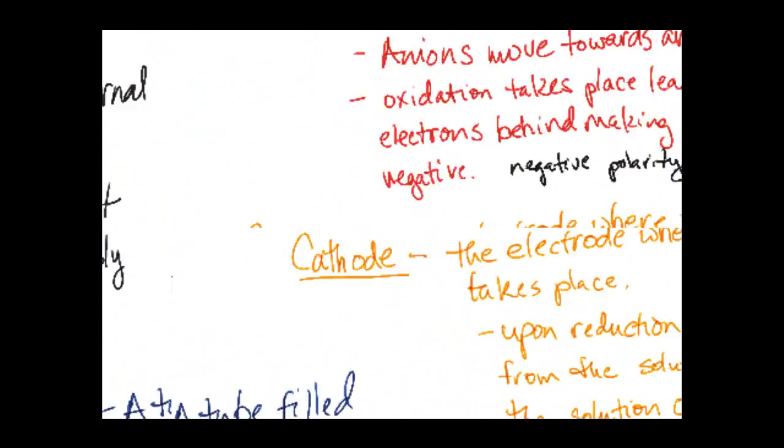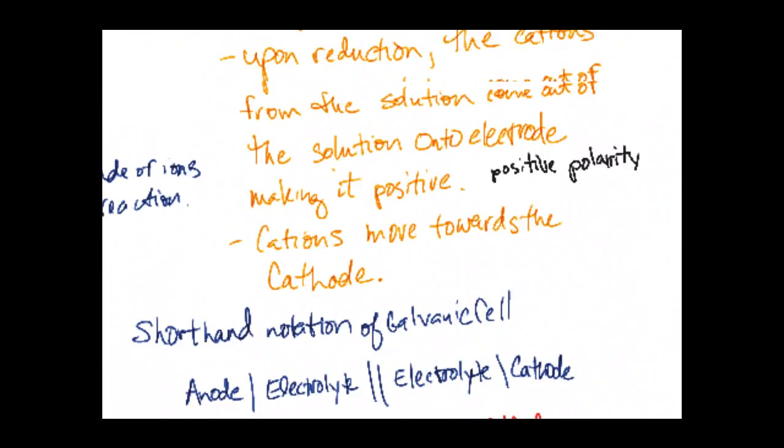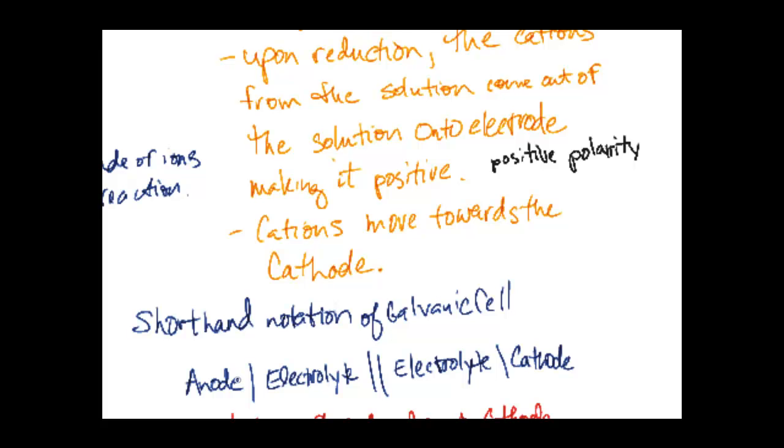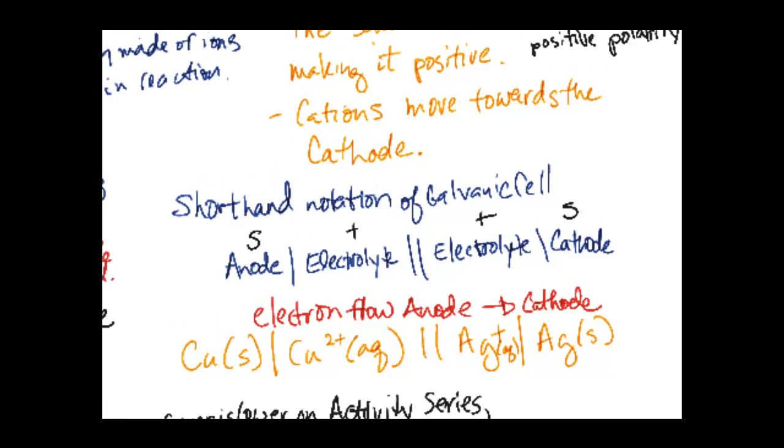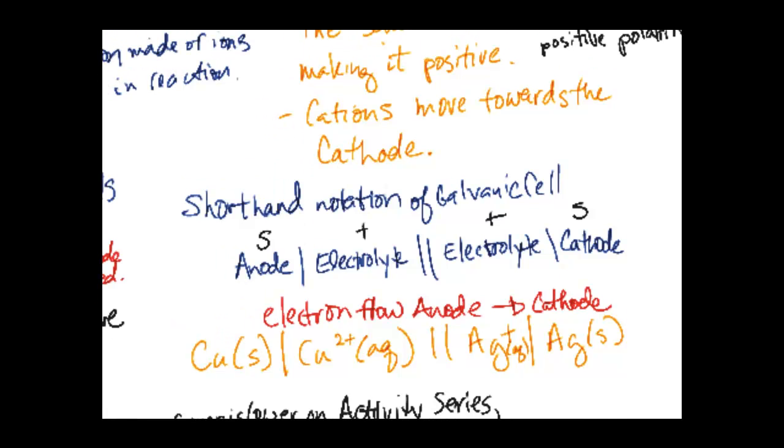Alright? The shorthand notation of this thing is going to be anode, metal, this is solid, this is the electrolyte, it's usually going to be a cation, and then a solid for the cathode. So in our example here we have copper, solid, copper electrolyte. Notice I'm only writing the cation here.